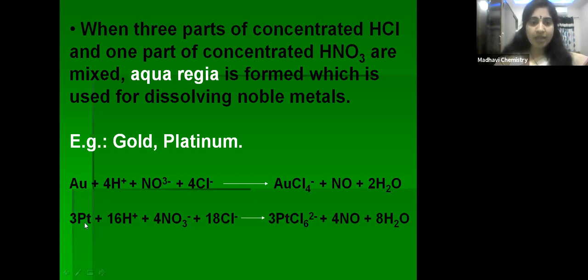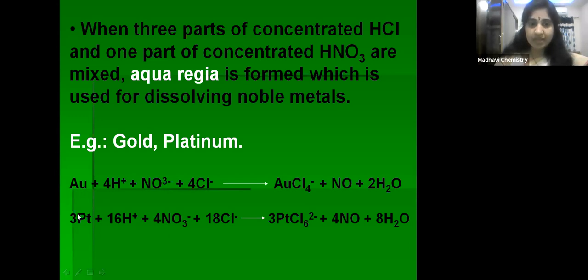Similarly, platinum can also react with Aqua Regia: 3Pt plus 16H plus, 4NO3 minus, 18Cl minus. H plus ions are obtained from HCl and HNO3, NO3 minus ions are obtained from nitric acid, and Cl minus ions are obtained from HCl.